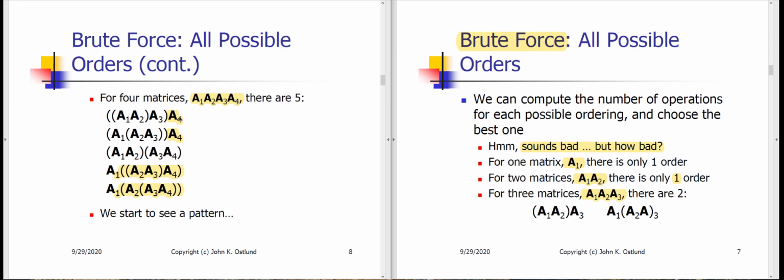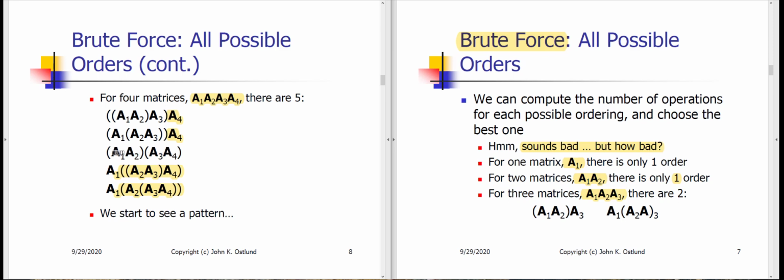All right? So we've got 2 combinations if A4 is last. We've got 2 combinations if A1 is last. And then we only have one possibility where A1 is grouped with A2 and A3 is grouped with A4.